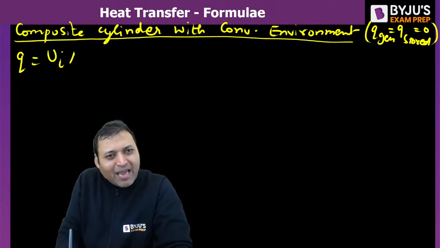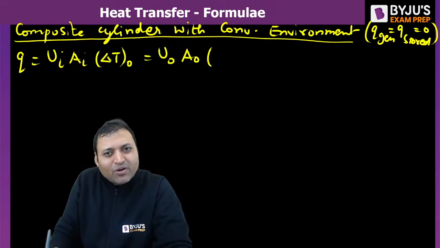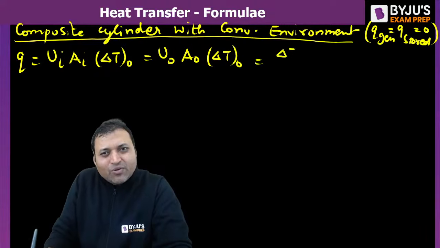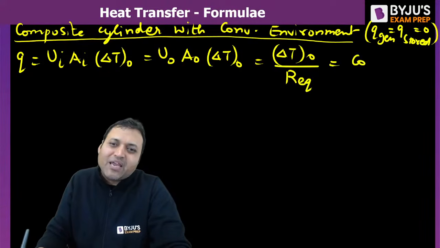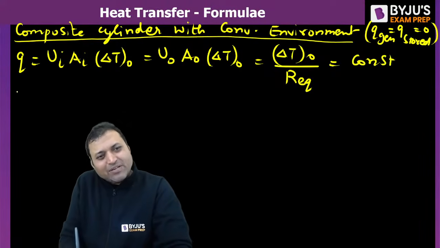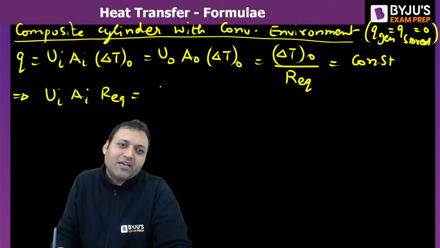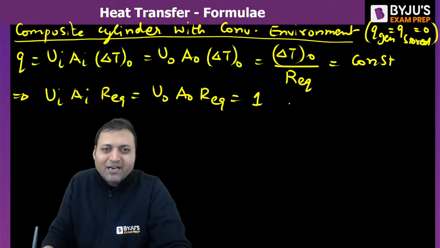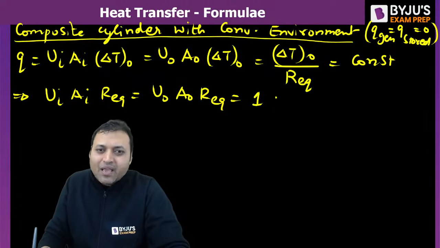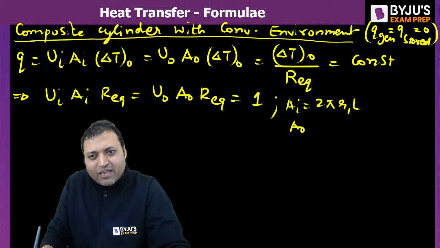That is equal to Ui into Ai into delta T overall, which is equal to U naught into A naught into delta T overall, which is equal to delta T overall thermal potential upon equivalent resistance. That will remain constant. From here we can say Ui into Ai into R equivalent is equal to U naught into A naught into R equivalent will be equal to 1, and Ai is equal to 2 pi R1 L and A naught is equal to 2 pi R n plus 1 into L.